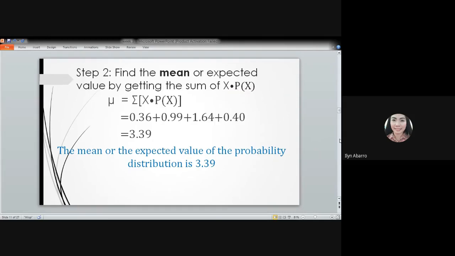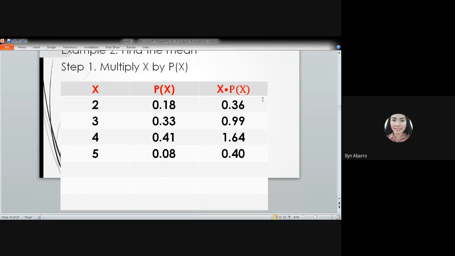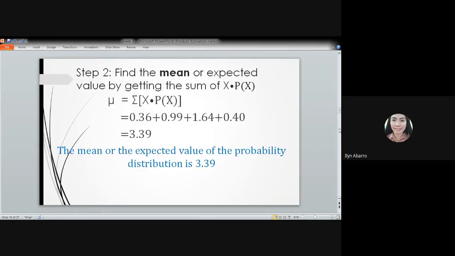So, to solve for the mean, i-add lang natin to. We're going to get the summation of x times p of x, and that is 0.36 plus 0.99 plus 1.64 plus 0.40.